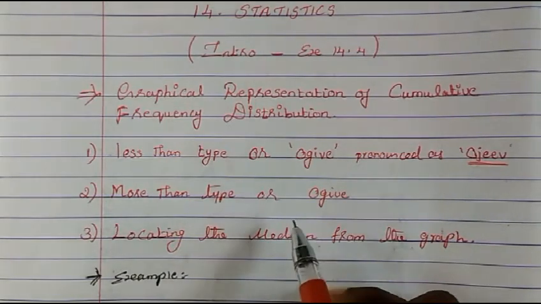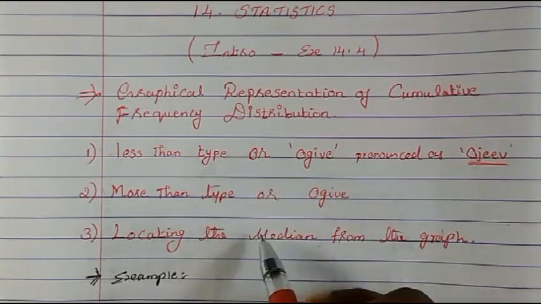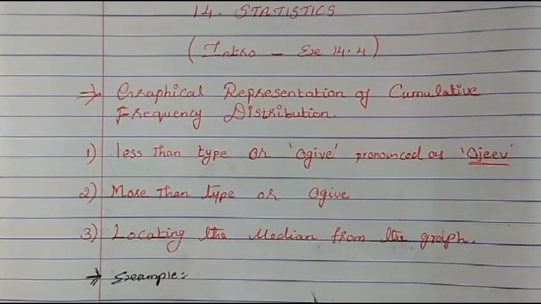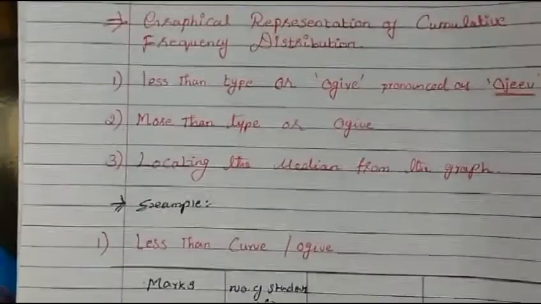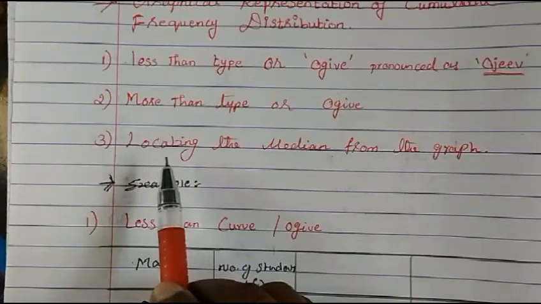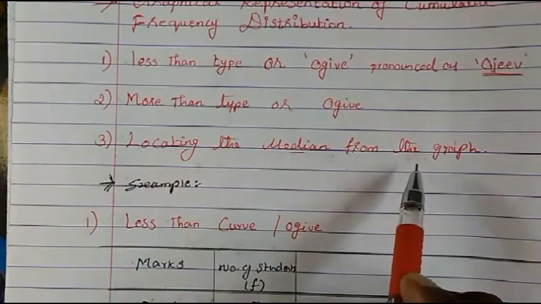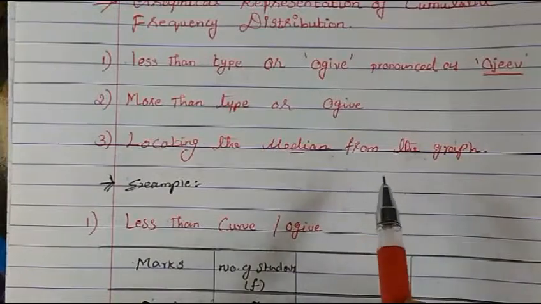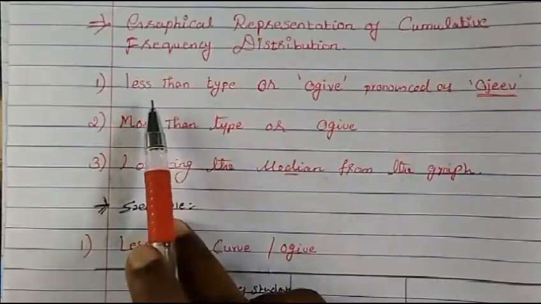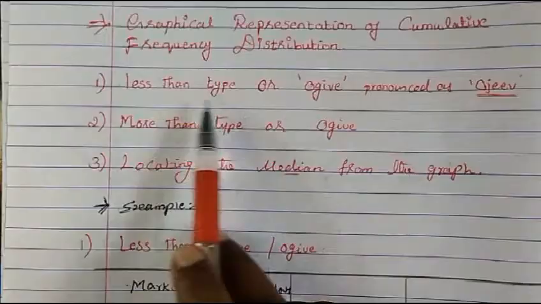So two types of curve we are going to study. Then after studying these curves in the graph, we are going to see how we can locate the median from the graph.